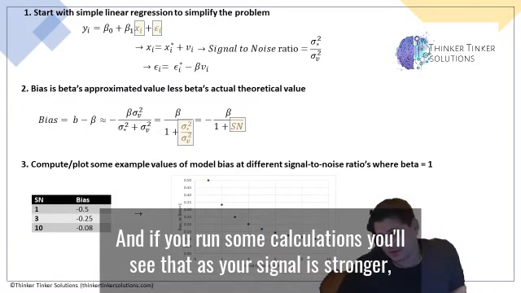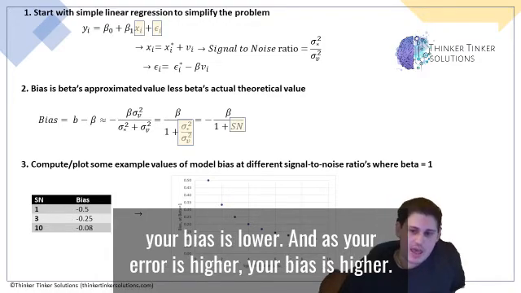And if we run some calculations, you'll see that as your signal is stronger, your bias is lower. And as your error is higher, your bias is higher.